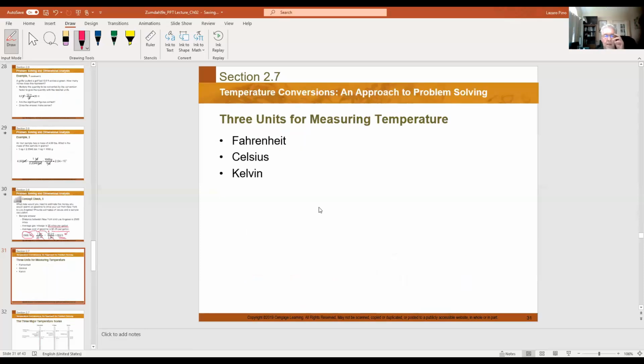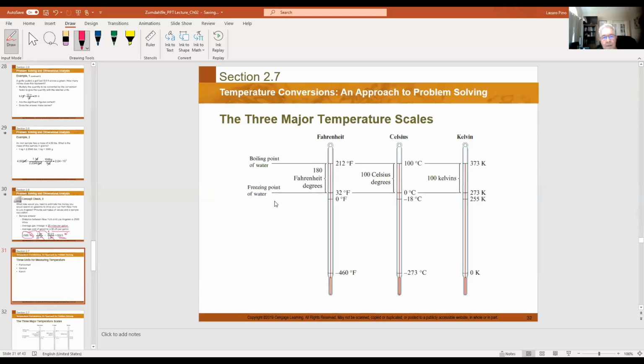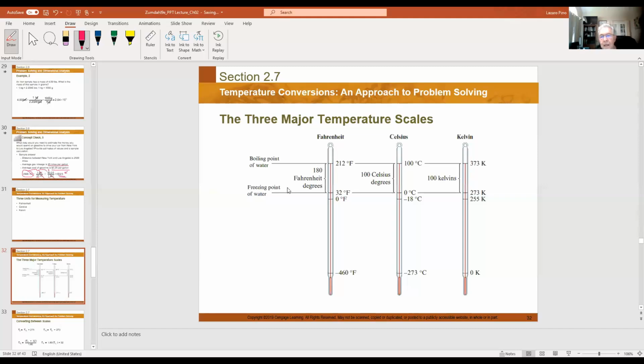You have 3 units of measurement for temperature: Fahrenheit, Celsius, and Kelvin. And there is an equivalence between these 3 units of measurement for temperature. The boiling point of water happens at 212 Fahrenheit, 100 Celsius, or 373 Kelvin.